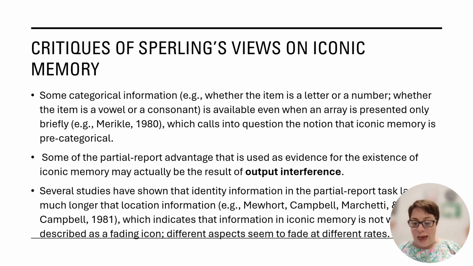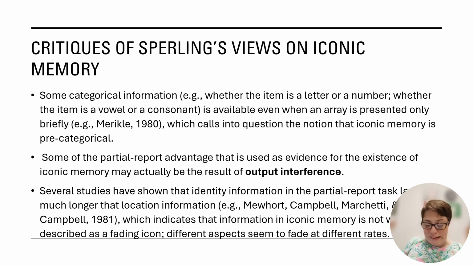What happens with output interference is, as you write down those initial state capitals, you're going to keep thinking about them, and the ones that you've already written down are going to become so prominent in your memory that it's harder for you to access the other items, if that makes sense.